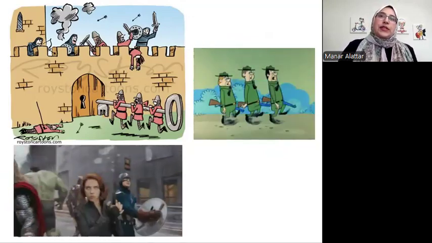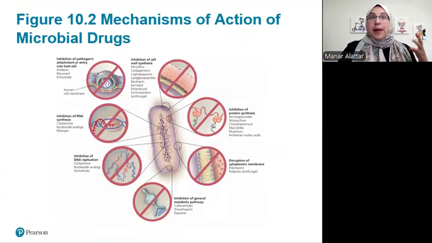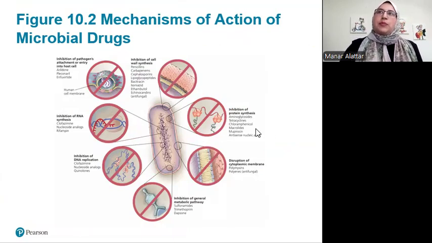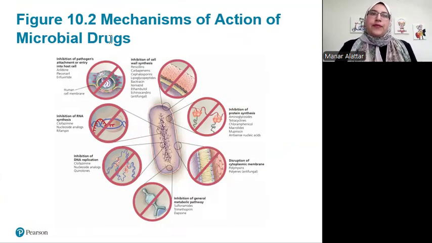The first thing you might think about, if you're thinking about a pathogen as an invader, is what components of that pathogen's existence might be targeted by a different type of chemical or antimicrobial agent. So what we'll really focus on is breaking down the various chemicals that we use into mechanisms of action and thinking about examples of each.